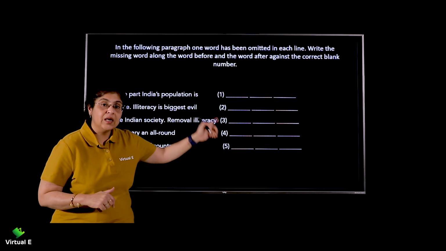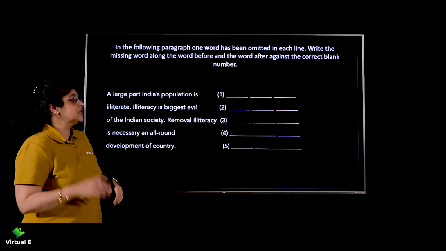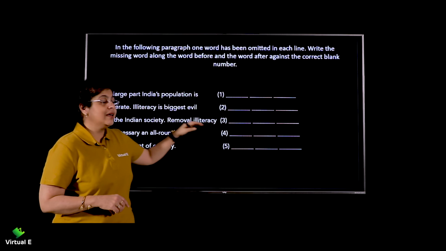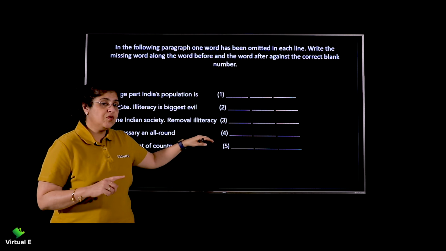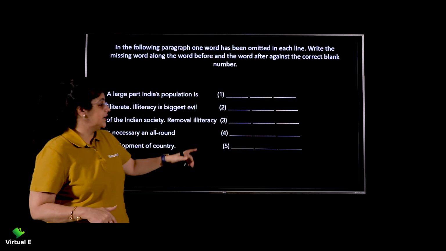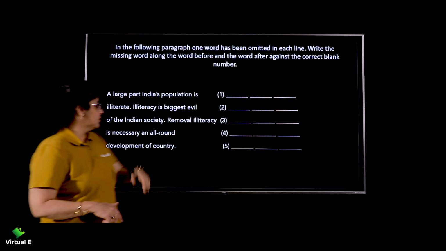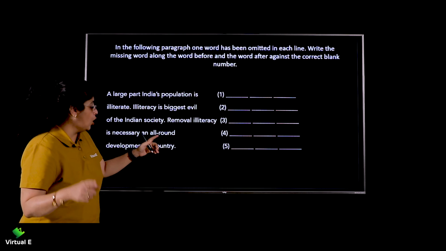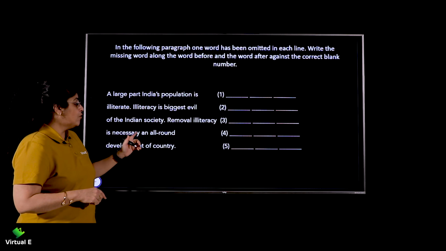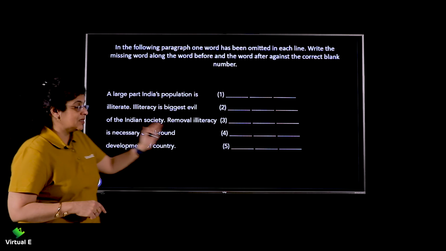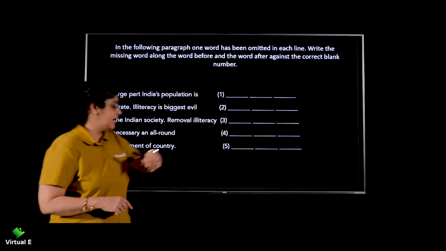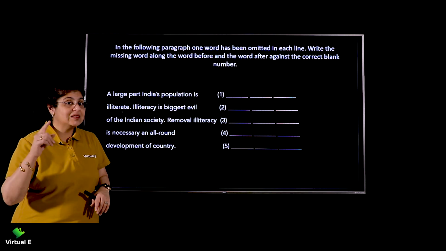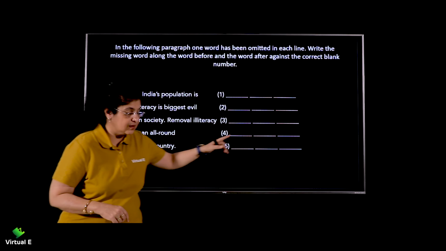So illiteracy is the biggest evil of the Indian society. Removal of illiteracy. Very good. Removal of illiteracy is necessary for an all-round development. So necessary for an all-round development of the country.